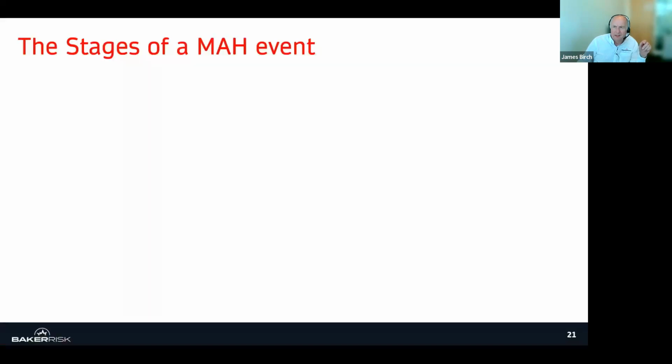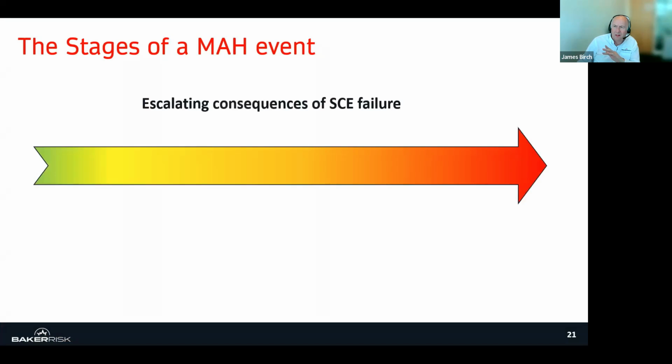So perhaps we view it as a timeline. On the left, in green, the plant is safe. Things begin to go wrong and we travel along that line and the color changes to yellow, to orange, to red. This is where our safety critical elements are failing us, and ultimately we end up at the right-hand side with a disaster.